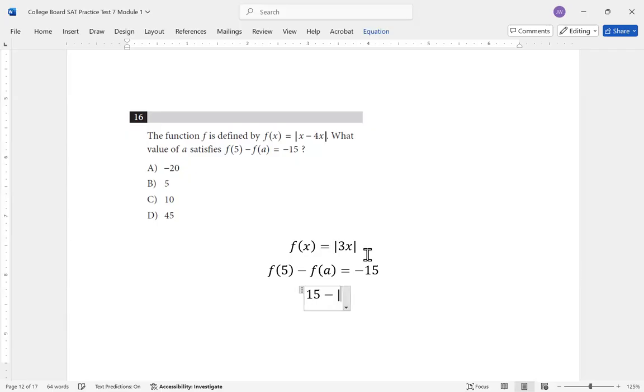Minus absolute value of 3a is equal to a negative 15. Subtracting 15 from both sides gives me negative absolute value of 3a is equal to negative 30.